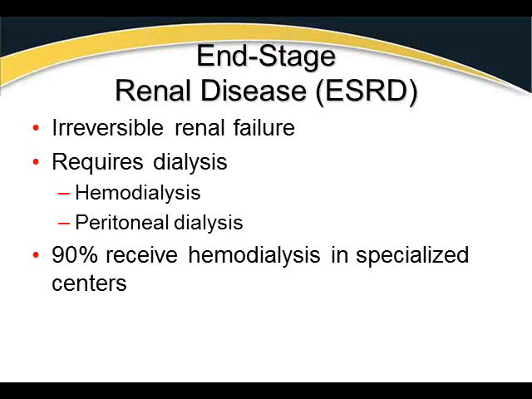They're getting smaller, but still a pretty monstrous-sized machine. And this will take the blood out, and it runs it through a series of filters and exposes it to a series of chemicals and electrolytes, and in the process pulls a lot of those toxins out. Again, it takes around 3 hours, and usually it's about 3 times a week.